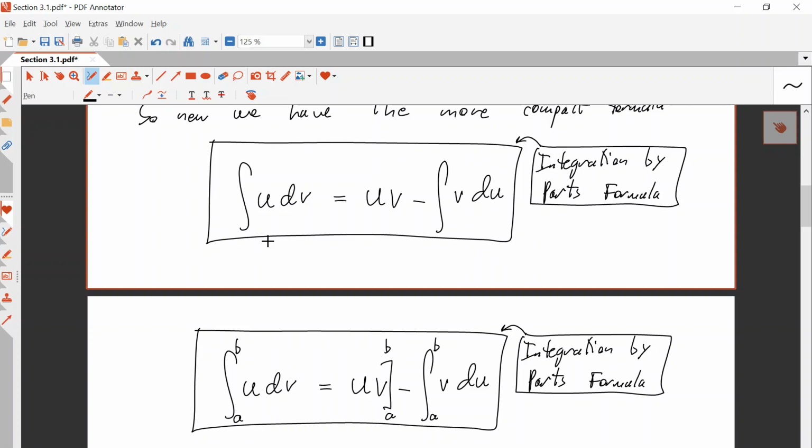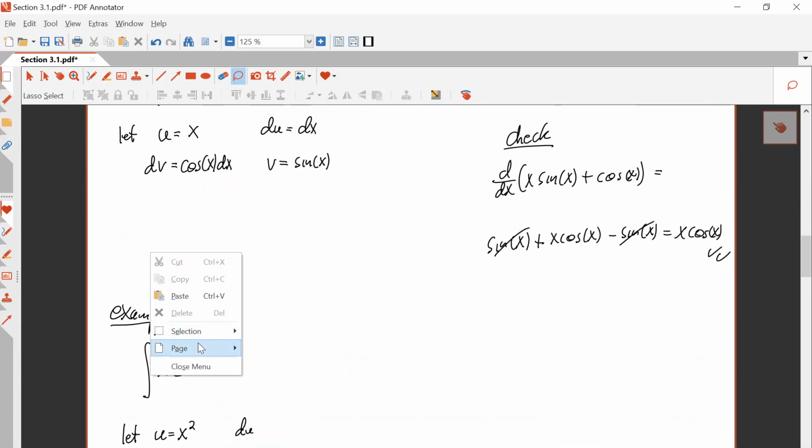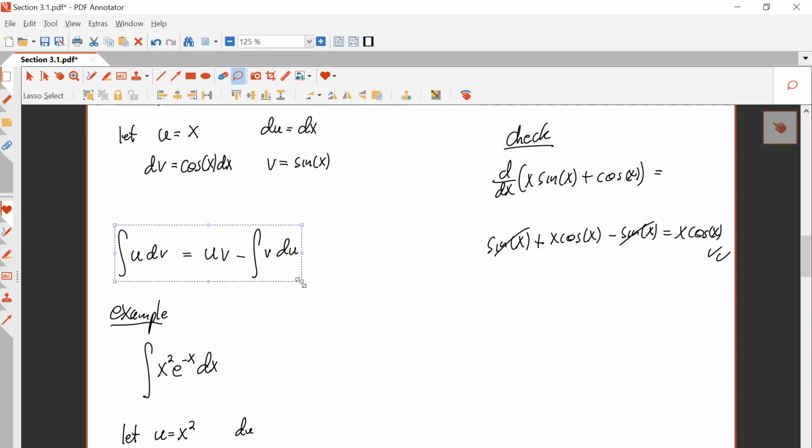So we want to pick u and dv, and then calculate what v and du are, and then plug that into this formula here, the integration by parts formula.